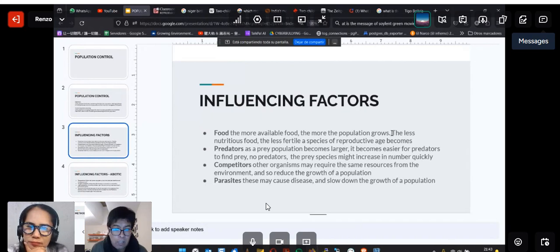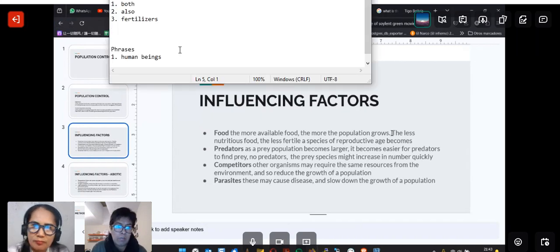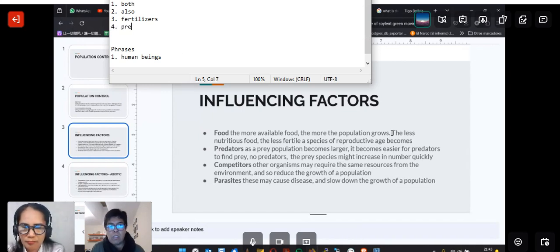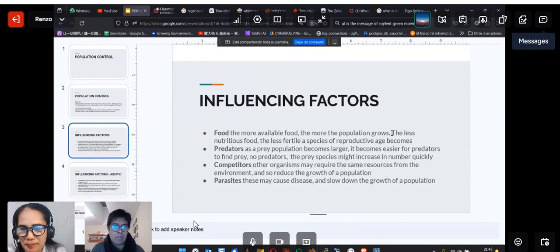The next influencing factor is predators. This applies mainly to animals, because we as human beings don't have any species that would be considered dangerous for us. In fact, we are the predators in the world.